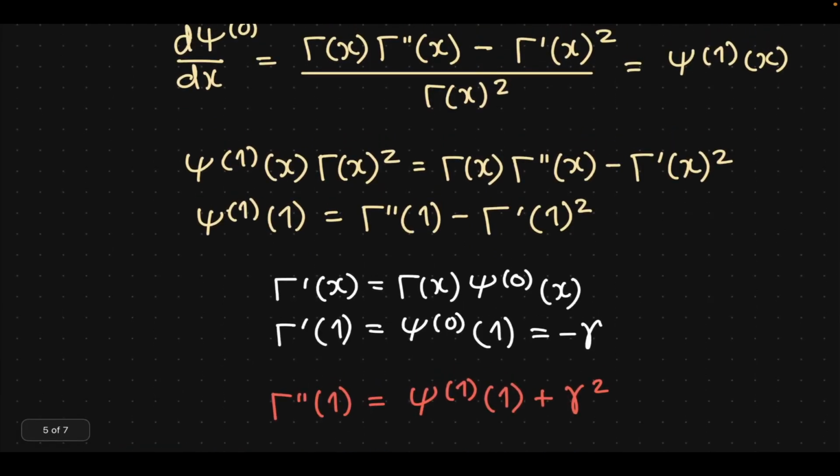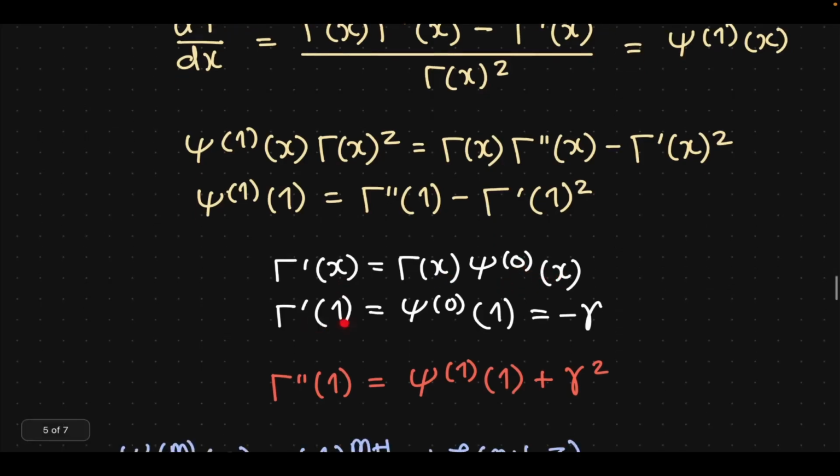Before we proceed, we can actually substitute what gamma prime of 1 is. So gamma prime of 1 is by definition equal to gamma of x times the polygamma of order 0 of x. If we plug in 1, gamma prime of 1 is polygamma order 0 of 1 times gamma of 1, which is 1.